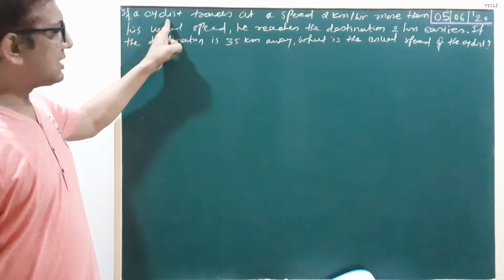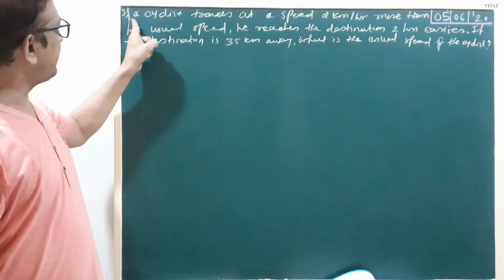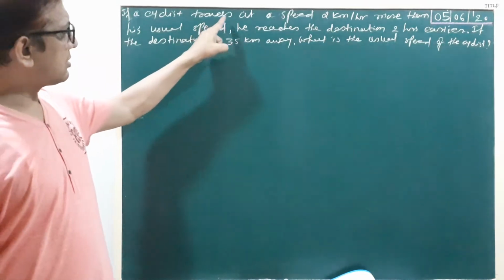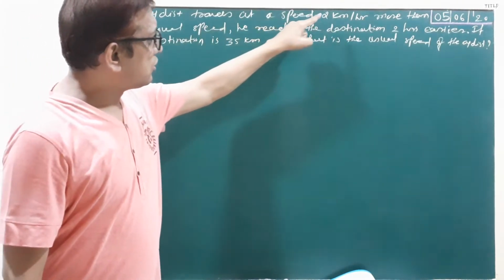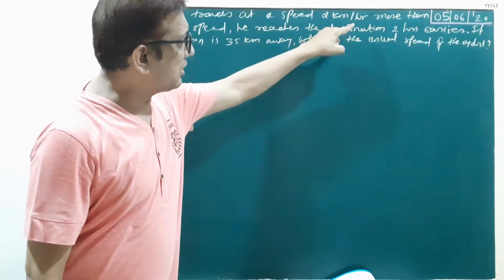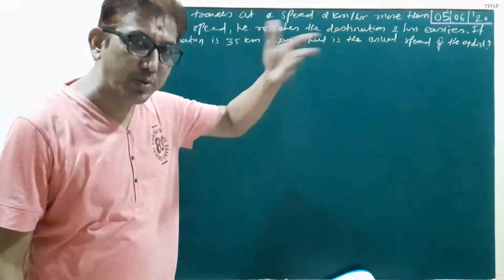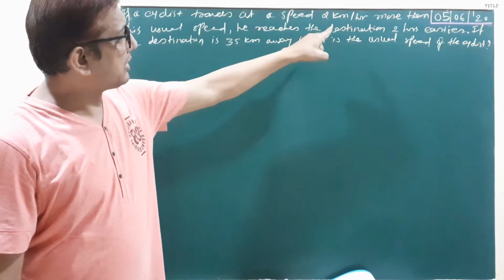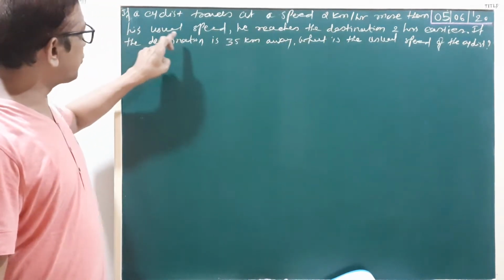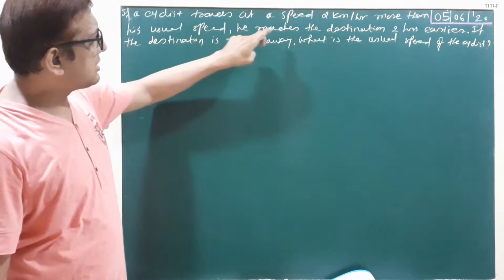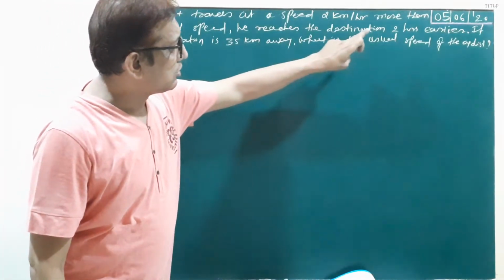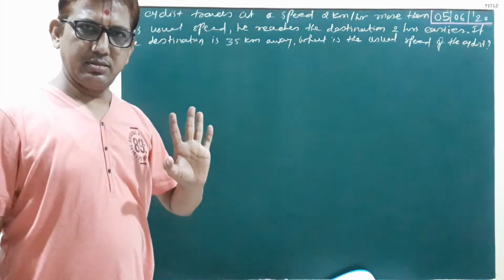If a cyclist travels at a speed 2 km per hour more than his usual speed, that means you increase your speed, he reaches the destination 2 hours earlier.